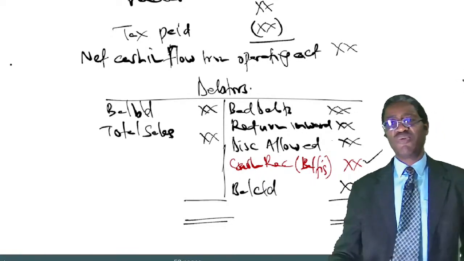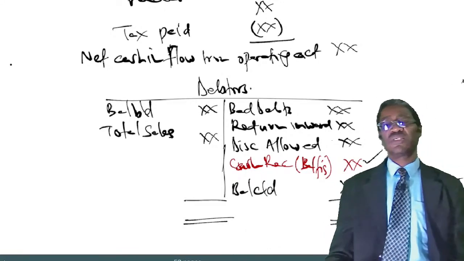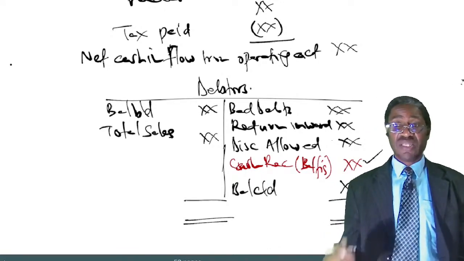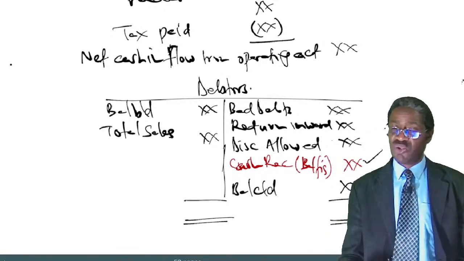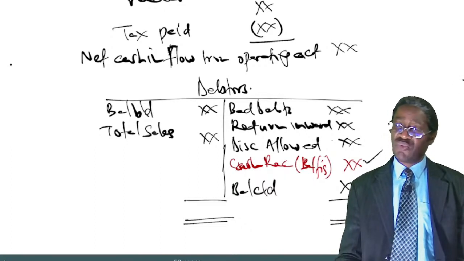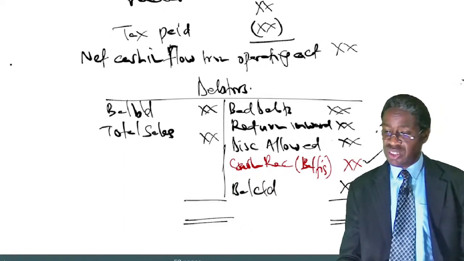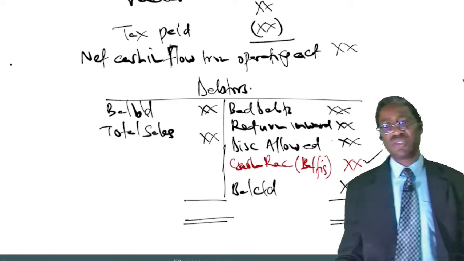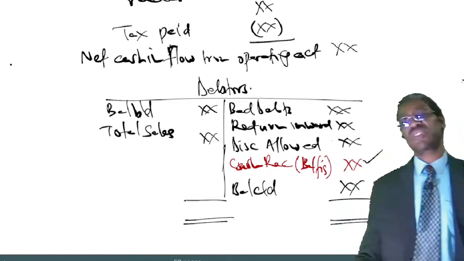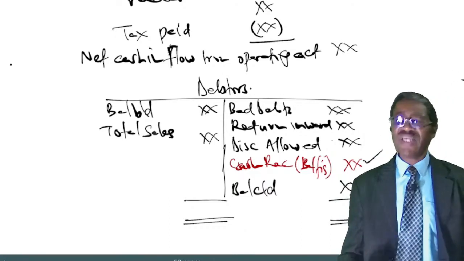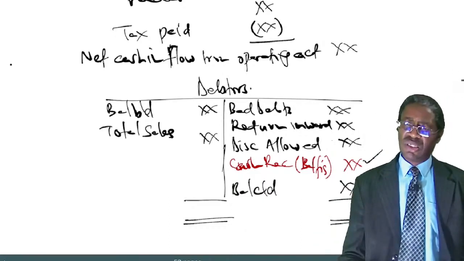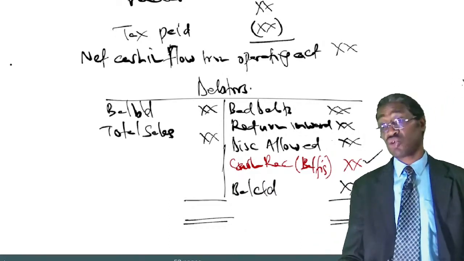We have said you bring down the debtors by the beginning on the debit side. The key important point I've told you there is that instead of using credit sales, you now use the total sales. Then on the credit side, I've said you enter whatever else that is normally entered in a debtors control.